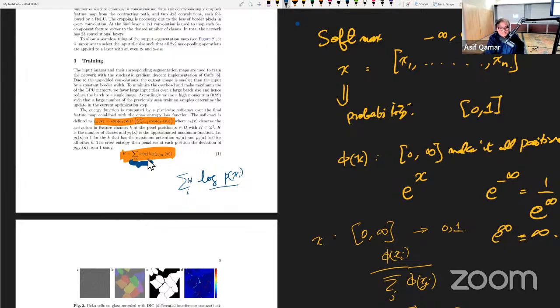But here they're doing something else. Do you notice there is this extra term here? Weighting. They're attaching a weight to it. What is this weight? They're making a very common sense statement.